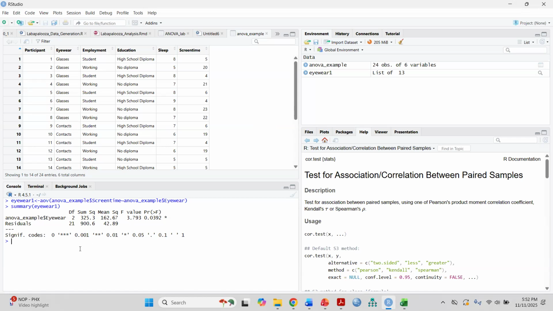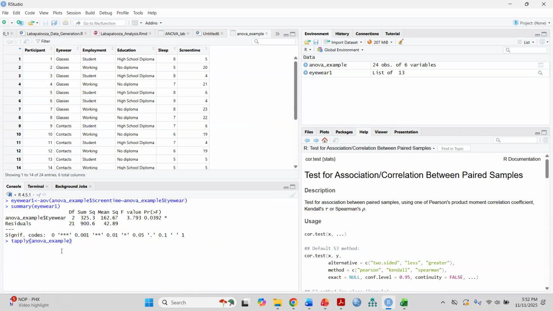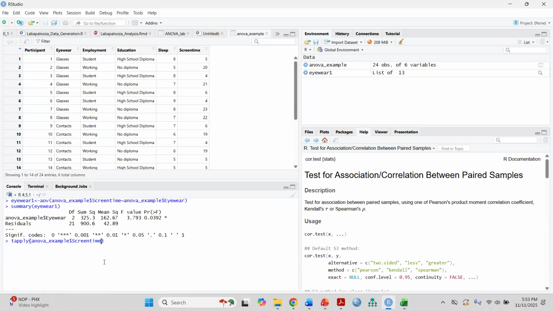Now, what we're going to do is use another function called tapply, or Tapley if you're fancy. And what we're going to put in here is our dependent variable. ANOVA example is the data frame. You put in a dollar sign and screen time is the column that we're looking for. So that's the dependent variable. Now you're going to put in a comma. I don't know why it's a comma and not a tilde in this one.